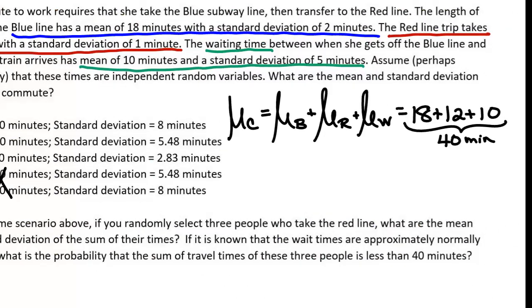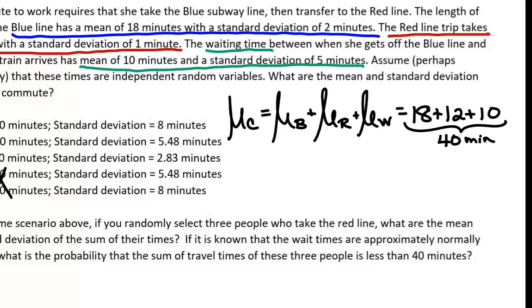For standard deviation, can I just add the standard deviations like I did with this? No. What can I add though? I can't add the standard deviations, but what can I add? The variance. We can add the variance.